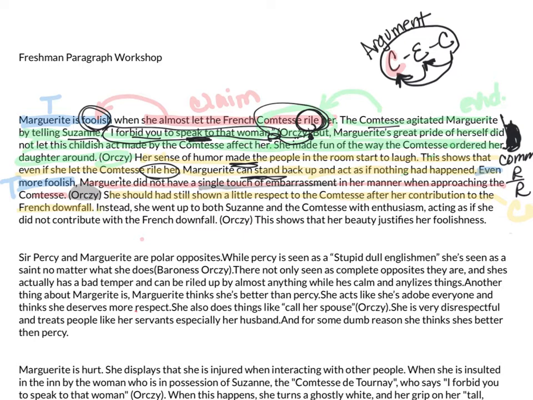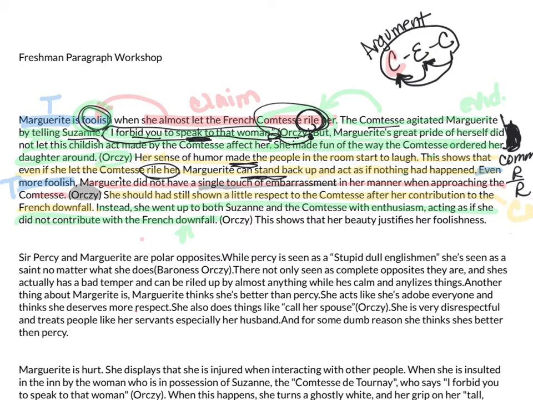"Instead, she went up to both Suzanne and the Comtesse with enthusiasm, acting as if she did not contribute to the French downfall." And so that is now acting like evidence. But is that really foolish? Because everything is supposed to fit under foolish.